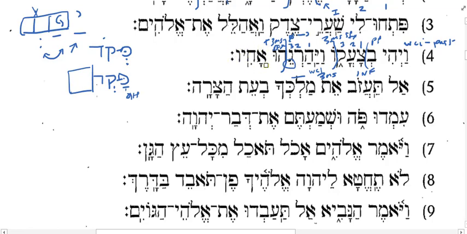Now, what role does achiv play, and what does achiv mean? Ach is brother. The vav tells me it's whose brother? Which pronoun is that? It's 3ms. And is it one or many brothers? You see the yod, you might think it's plural, but what kind of vowel is before that yod? A hiriq.